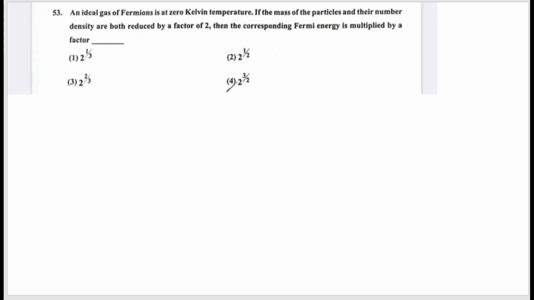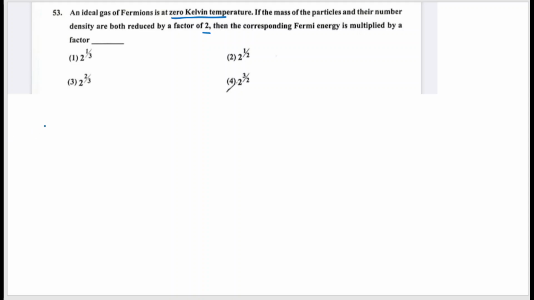In this question, an ideal gas of fermions is at 0 Kelvin temperature. If the mass of the particle and their number density are both reduced by a factor of 2, then the corresponding Fermi energy is multiplied by what factor?